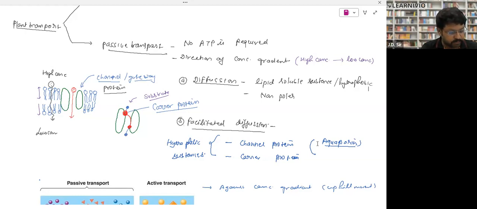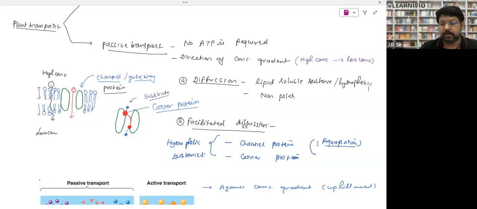Eight different types of aquaporin or water channel have been recorded.